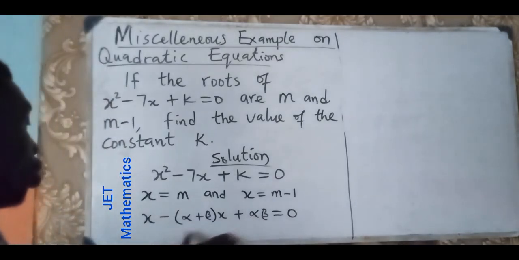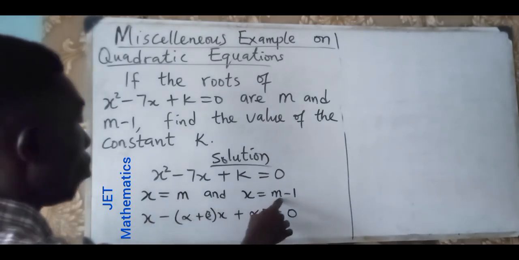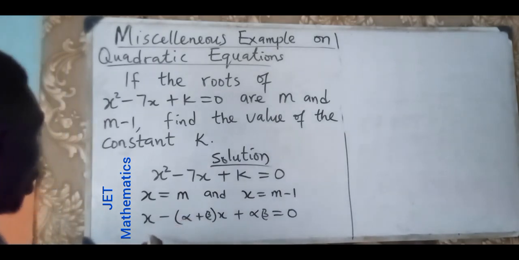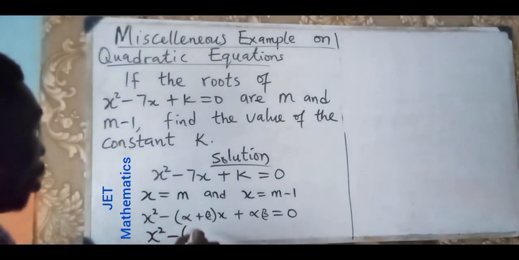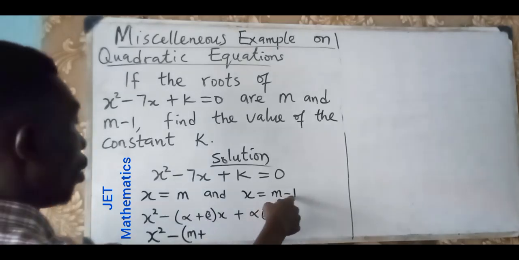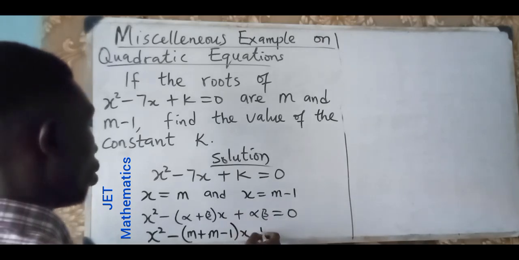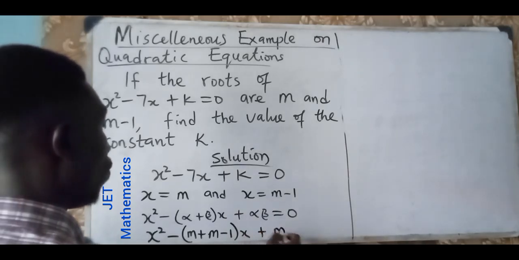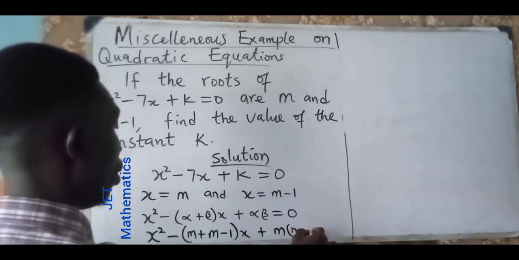So if this is true, then using the roots m and m minus 1, this becomes s squared minus, let our alpha be m plus let our beta be m minus 1, x, then plus alpha is m and beta is m minus 1.